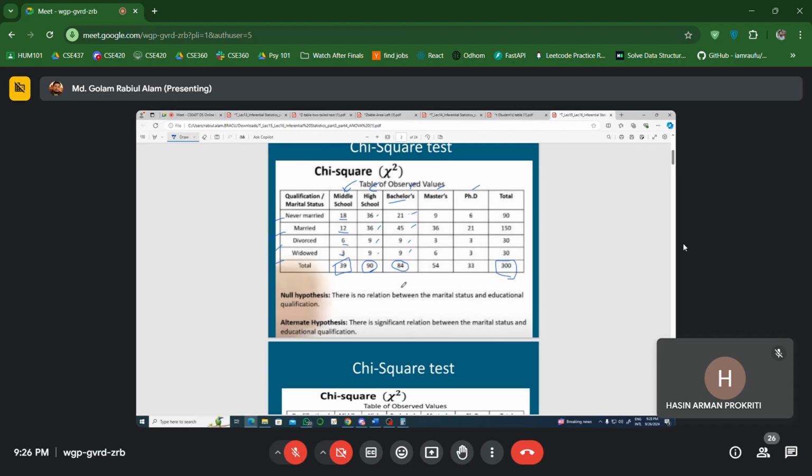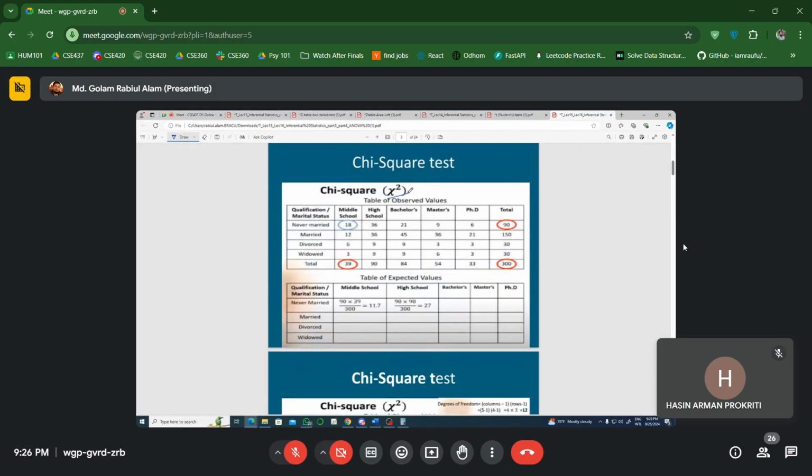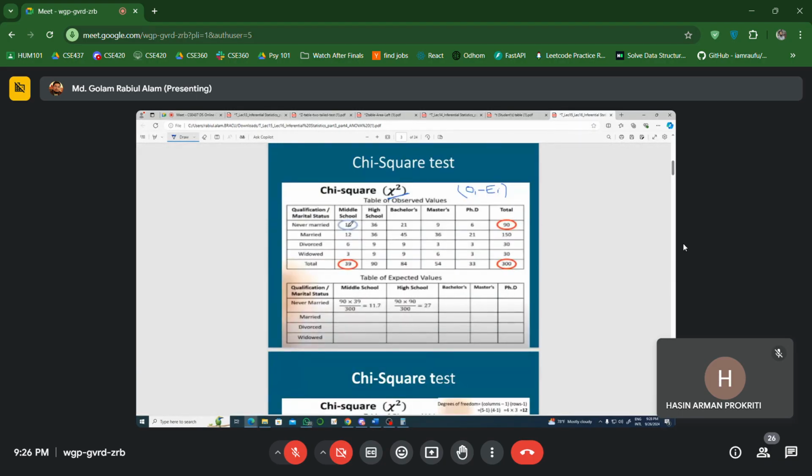Now the next thing is we have to apply the chi-square test here. To find the chi-square, we know what we need: the original observation minus the expected value. Then we have to find this expected value here, the expected number of observations for middle school never married, so this area.